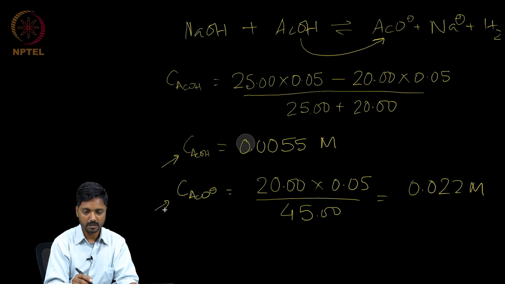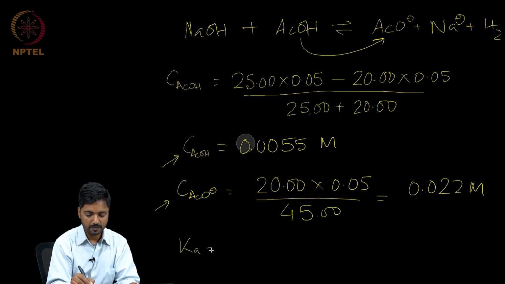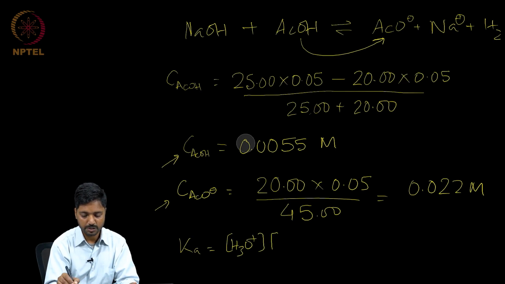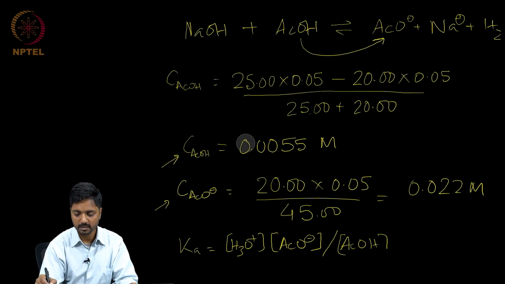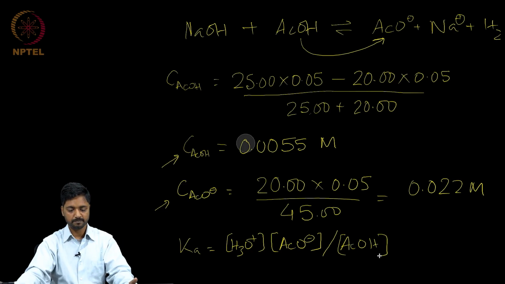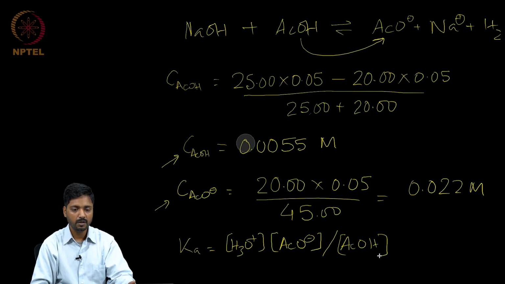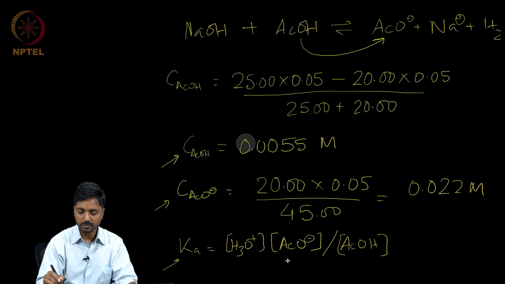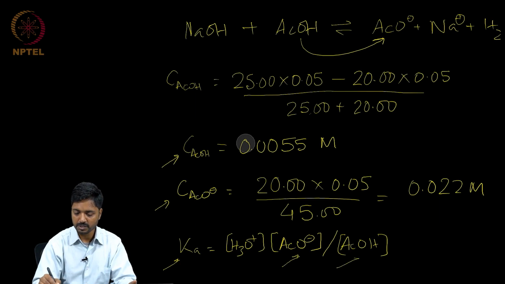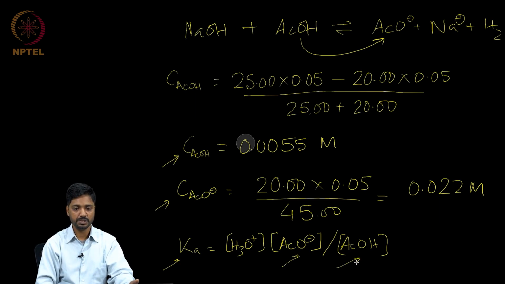So, with the undissociated acetic acid and the acetate ion concentrations available to us, we will plug these into our equation of Ka, which is nothing but the hydronium ion concentration times the acetate ion concentration divided by the undissociated acetic acid concentration. Now, we know the Ka value, the acetate ion concentration and the acetic acid concentration.